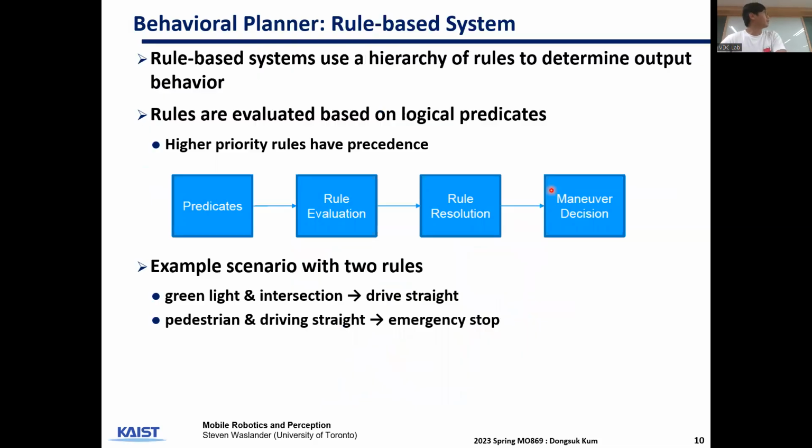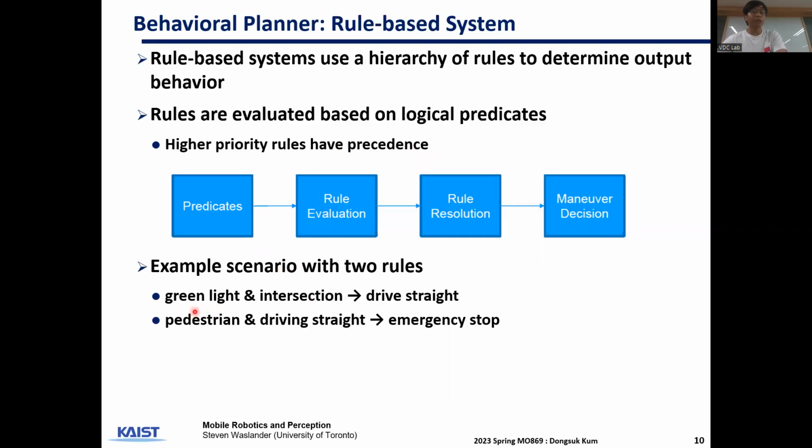A second example of a behavioral planner is a rule-based system. A rule-based system usually uses a hierarchy of rules to determine the output behavior. The rules are evaluated based on logical predicates, and higher priority rules in the hierarchy take precedence. An example is a scenario with two rules.